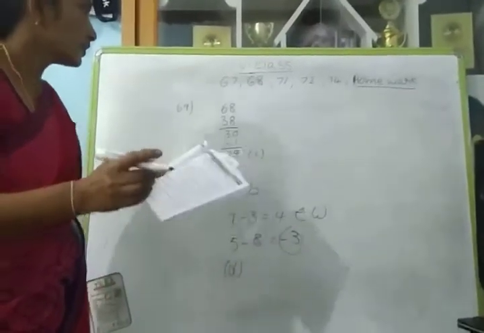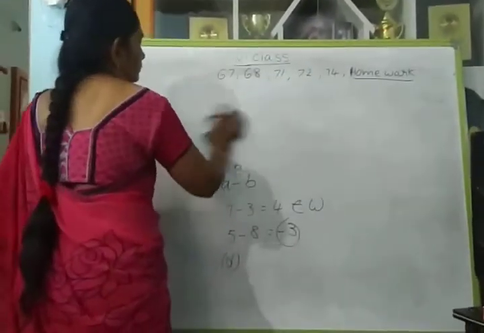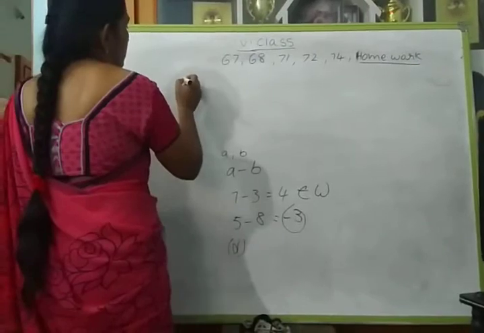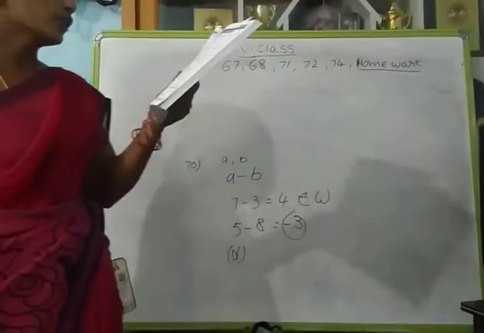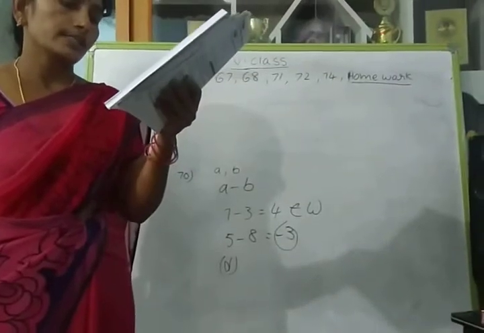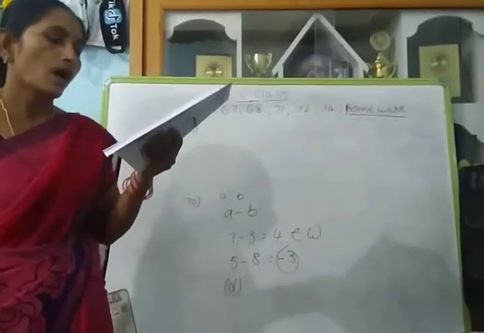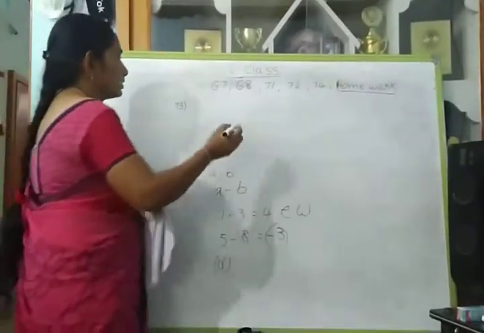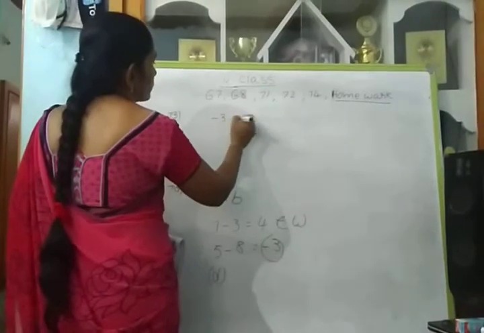Next, problem number 73. The additive inverse of a negative integer is always a positive. Means what? Minus 3, additive inverse means plus 3.